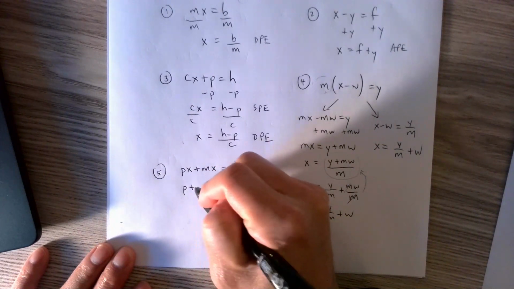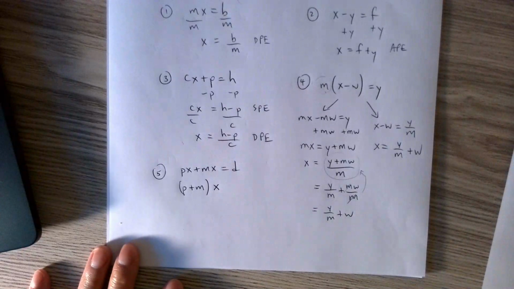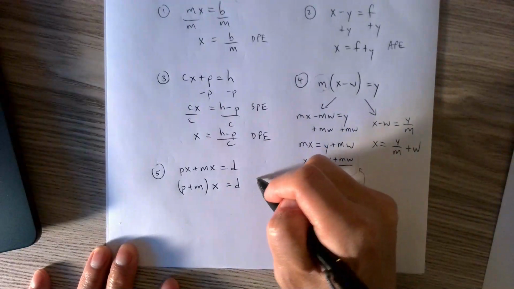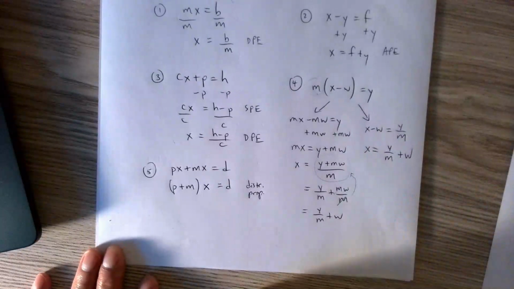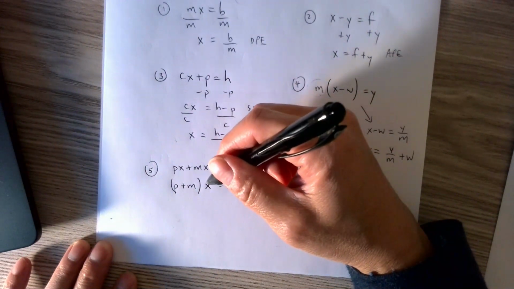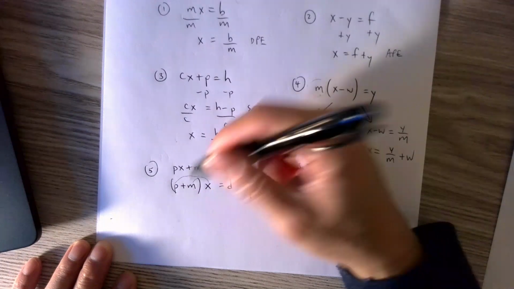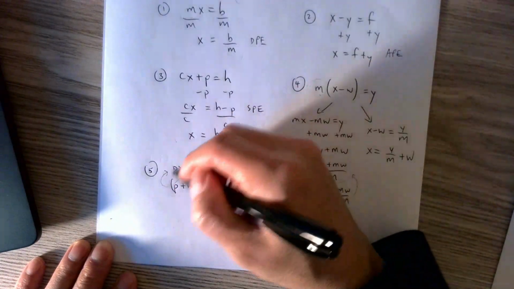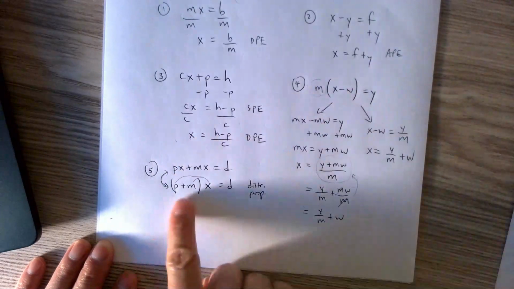So I can do this because I am using distributive property, but backwards. You're used to doing distributive property this way. Distribute the x to the p and the m, and you get px plus mx. But now I'm going the other way. I'm going from px plus mx to this.